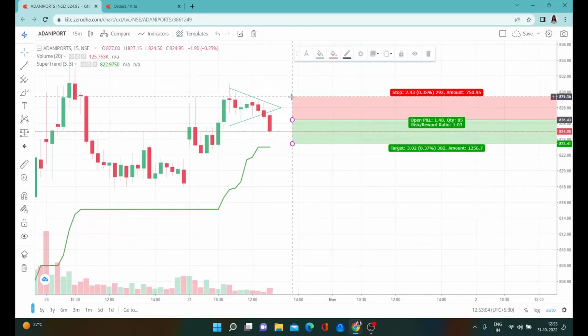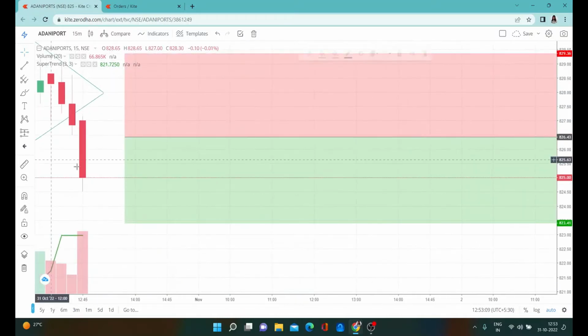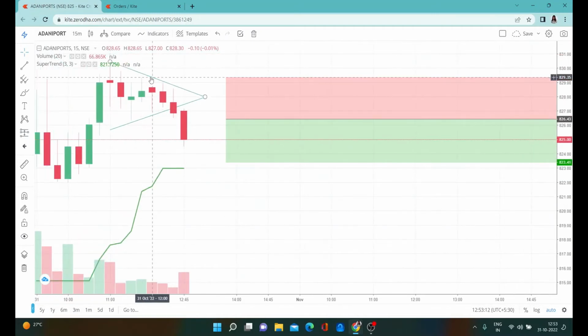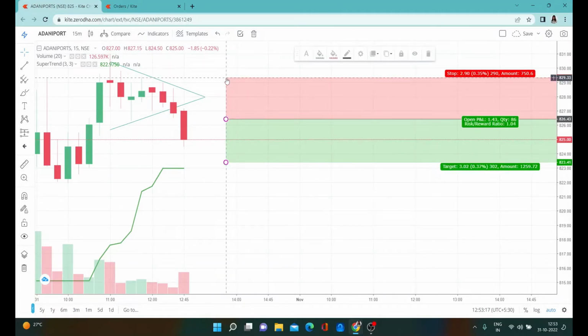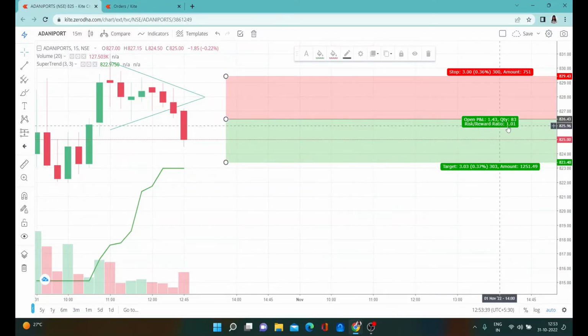Let me zoom and see properly. 829.4 should be good. Somewhere here. And the target is 823.4. See, the risk to reward ratio is 1.01, which is like 1:1.